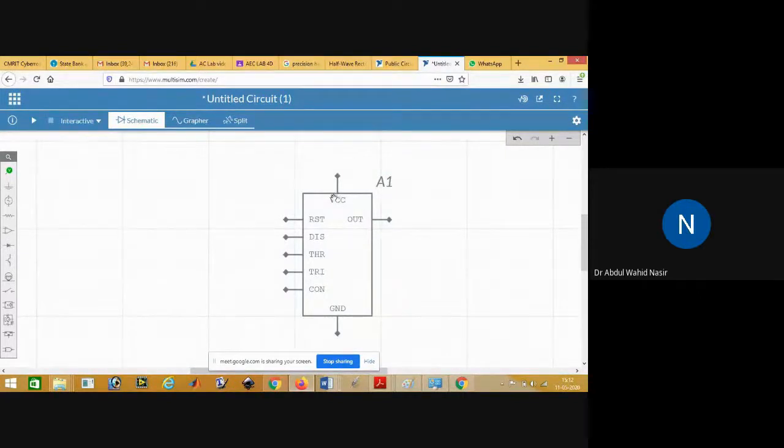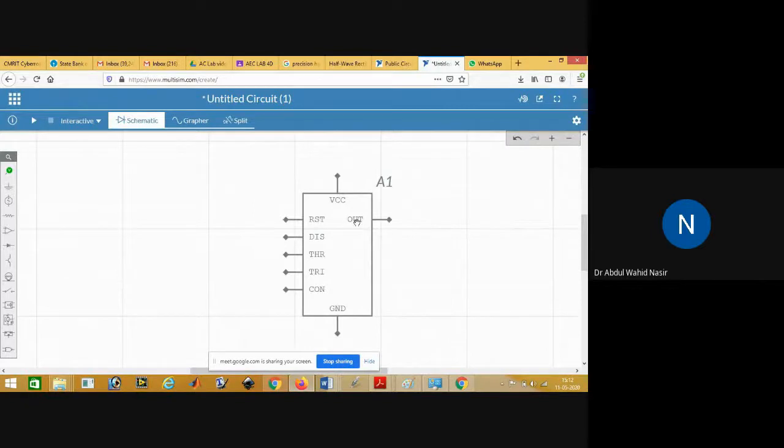Reset is pin number 4. Discharge is pin number 7. Threshold is pin number 6. Trigger is pin number 2. Control is pin number 5. Ground is pin number 1. And output is pin number 3.